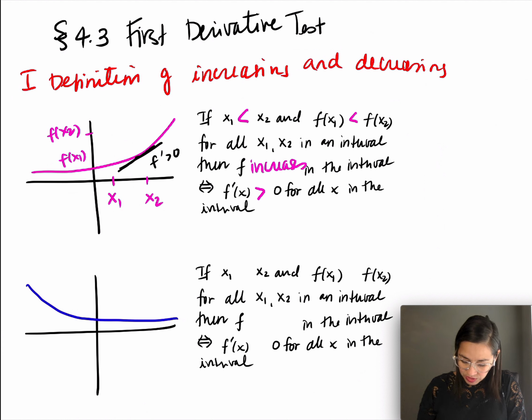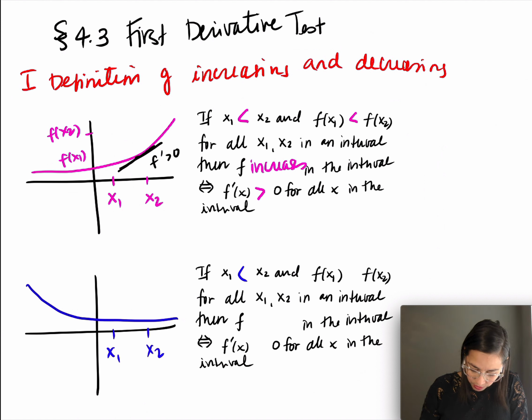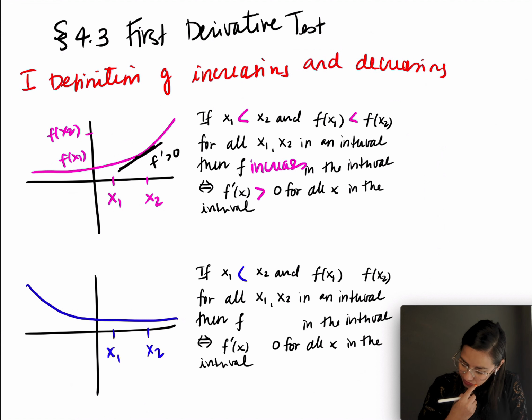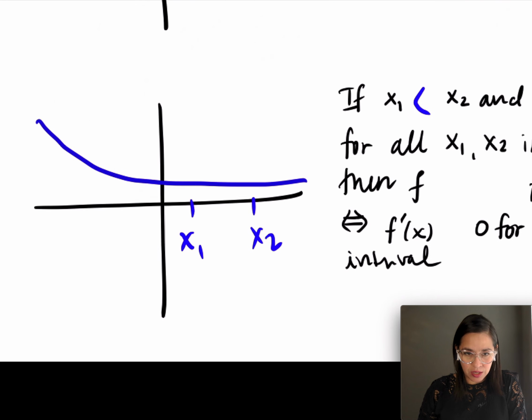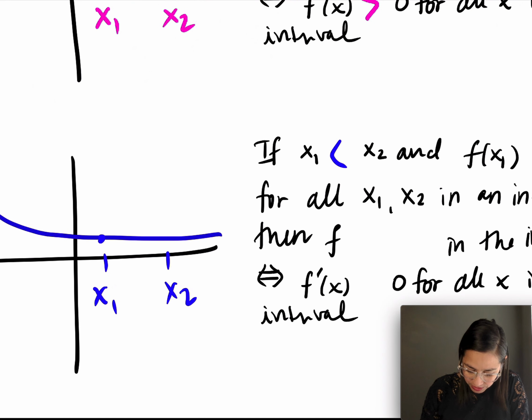So in this case, one more time, this is x1 and this is x2. So x1 is still less than x2, but we see that, well, it's not so clear, but you can see that here, this is f of x1 and this is f of x2. So f of x1 is larger than f of x2.